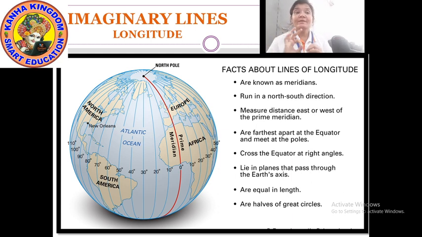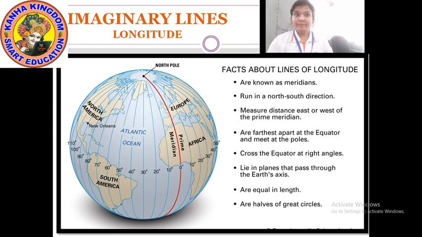Now here, the meridians of longitude measure distance east to west of the prime meridian. Okay. Next, they are farthest apart from the equator and they meet at the poles. Means if they start from the North Pole, they meet at the South Pole.